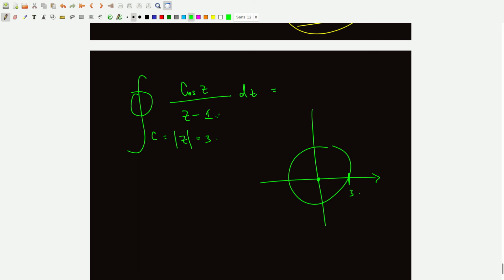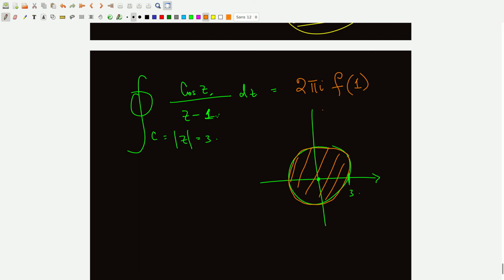Our z0 is 1. This function here, cos of z, is a trigonometric function and is analytic. It is analytic inside our C and even on the boundary, inside and on. So this is simply going to be 2 pi i f of z0, which is 1.